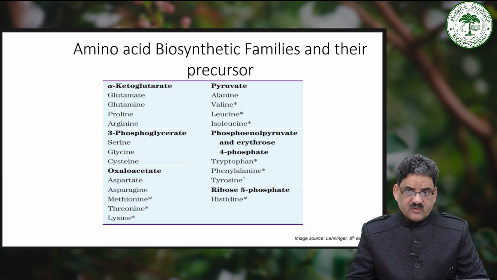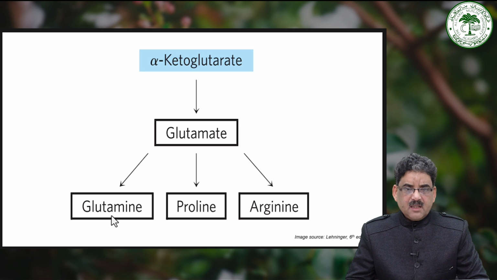So now we will discuss the biosynthesis of amino acids of all 6 families. Glutamine, proline, and arginine are basically synthesized from alpha ketoglutarate, as we have discussed earlier in ammonia assimilation. Glutamine synthetase combines ammonium with glutamate to form glutamine.